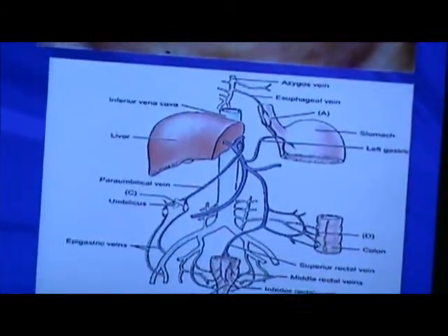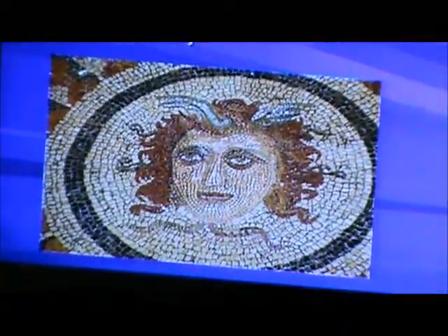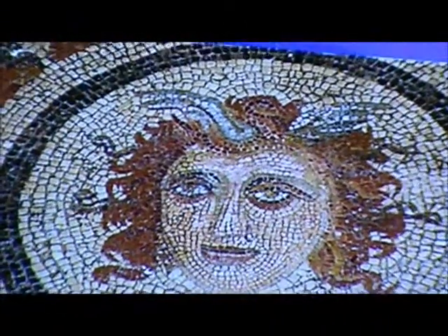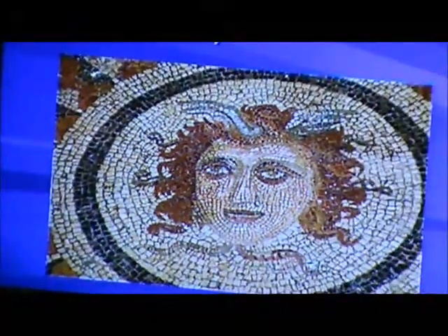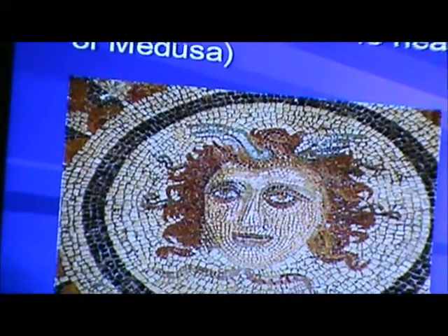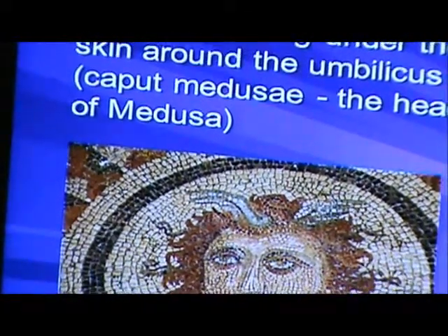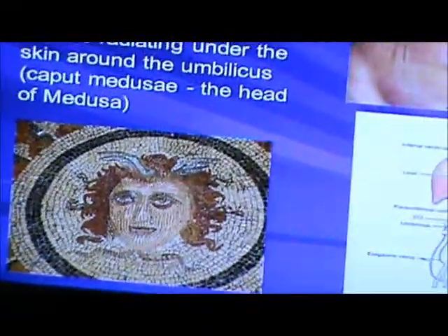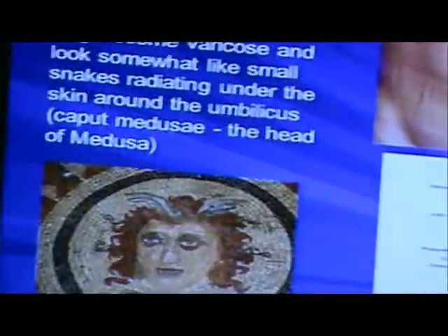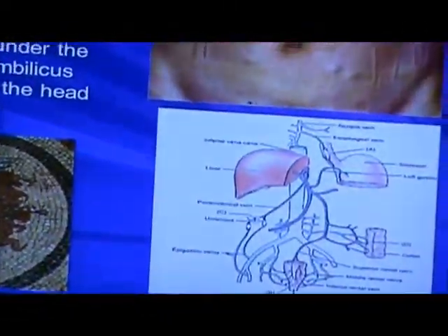Look, this is a mosaic from the island Kos. I took a picture for students because I wanted to show it during my lecture. So it's a head of Medusa, the caput Medusa.